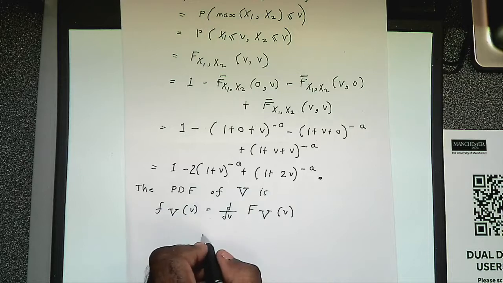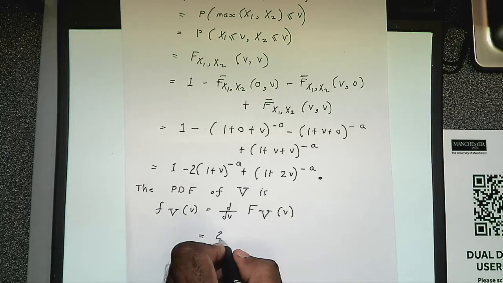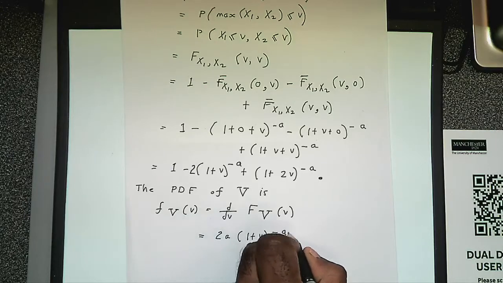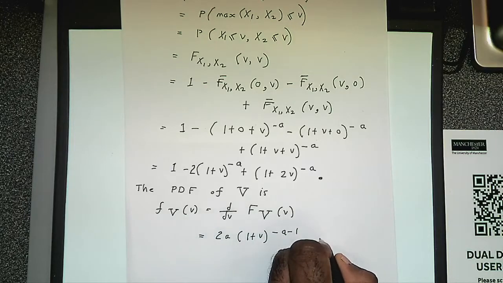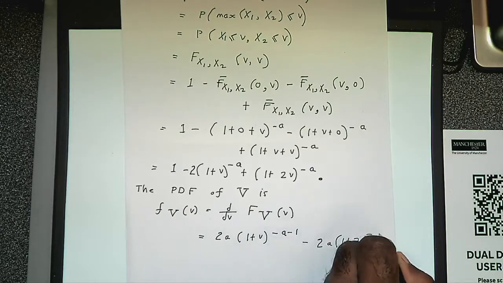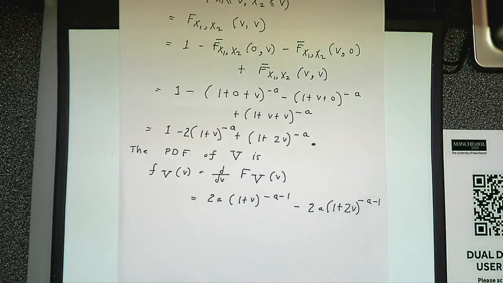Alright, and if you do that, this is what you will get. I'm going to do it quickly. So it's going to be 2a 1 plus v, and then minus 2a 1 plus 2v. Okay, is that right, guys? Check my calculations. So that completes the question example 1.